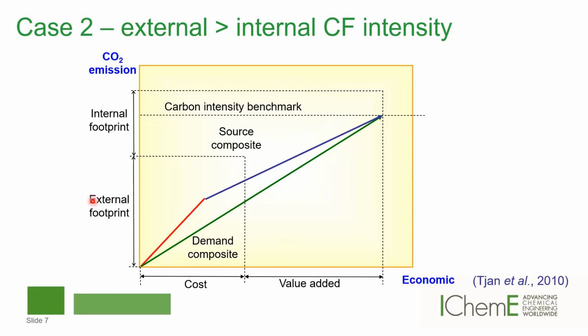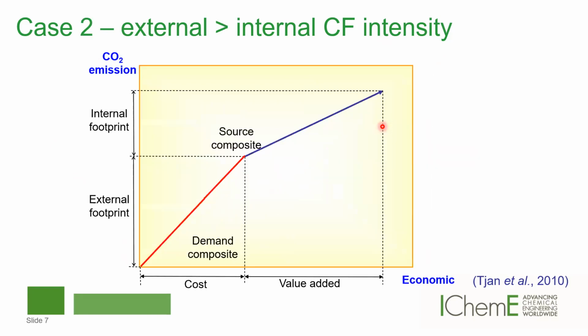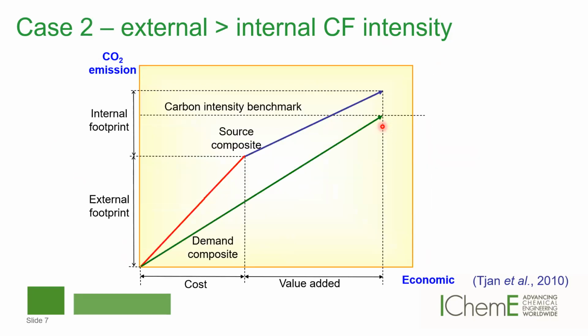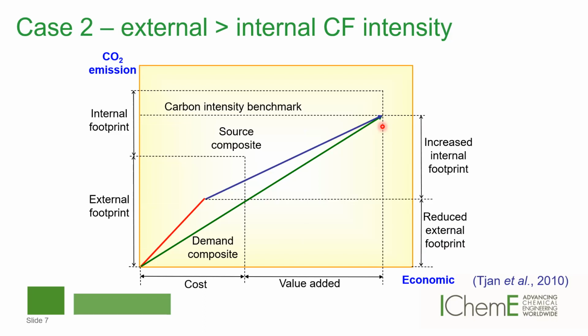As you can see, the external footprint is reduced and we're able to meet the target, just like the previous slide. So basically that method describes the graphical technique for reducing carbon footprint in production in the manufacturing industry.